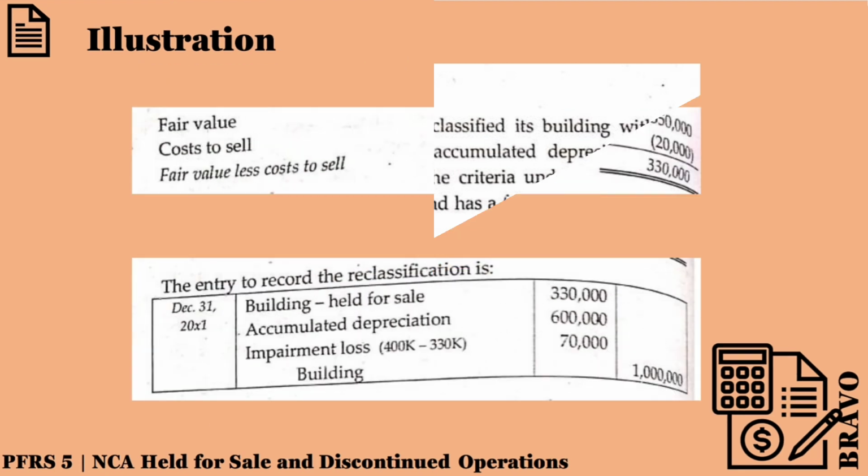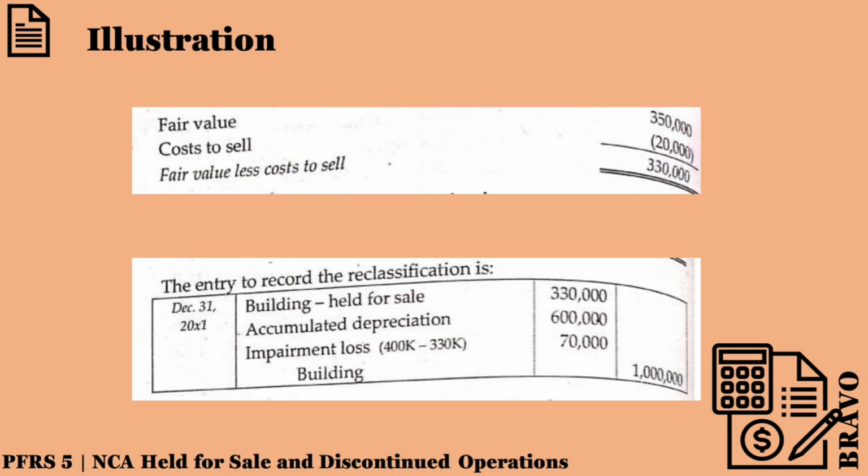While the fair value less cost to sell, the formula is already stated na, so the answer is 330,000. So dito, dahil nakuha na rin yung carrying amount and fair value nila, yung non-current asset held for sale mo ay i-measure mo as 330,000 dahil yon ang mababa between the two.